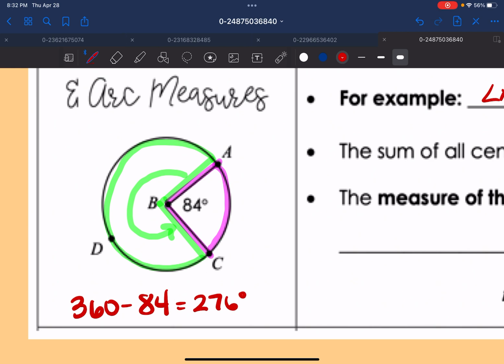Now, the relationship between the central angle and its corresponding arc is that whatever the central angle is, the arc measures the same exact thing. So ABC is 84, arc AC is also 84. The other side of this would be 276 for major arc ADC.